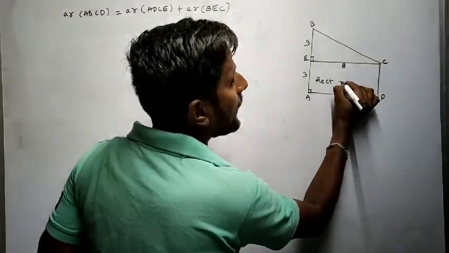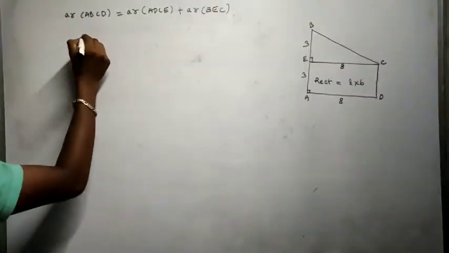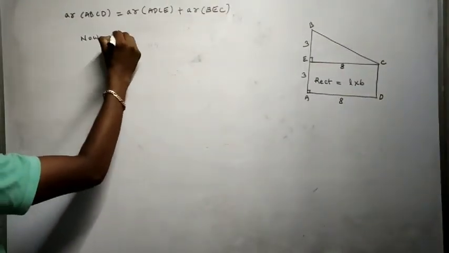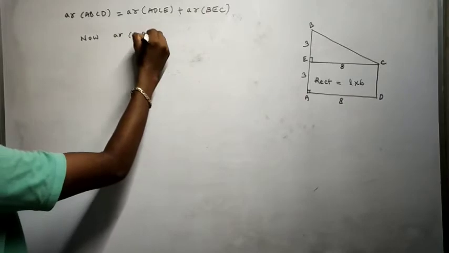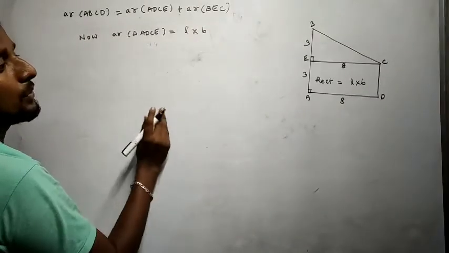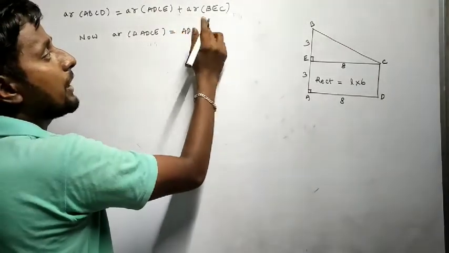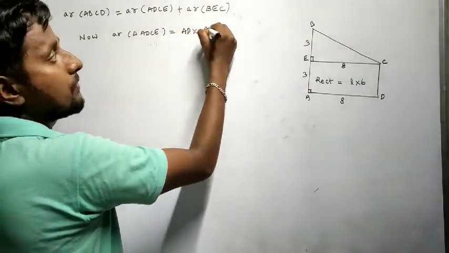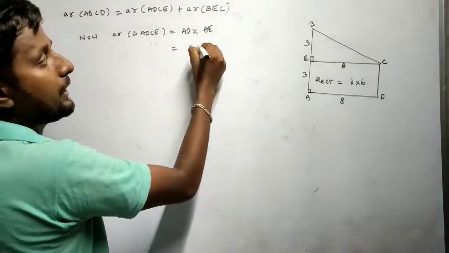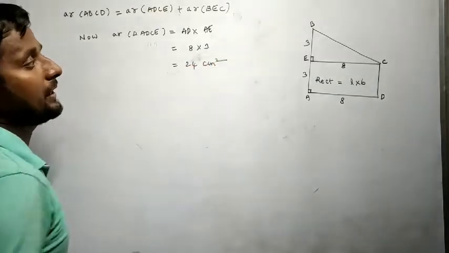Area of rectangle formula is length into breadth. So area of ADCE is length into breadth. From the diagram we'll write AD into AE, correct? So we'll write 8 into 3, so 24 centimeter square. 8 3s are 24.